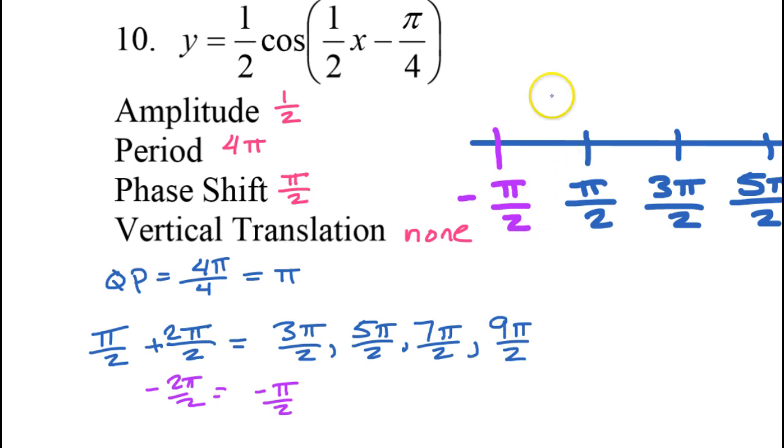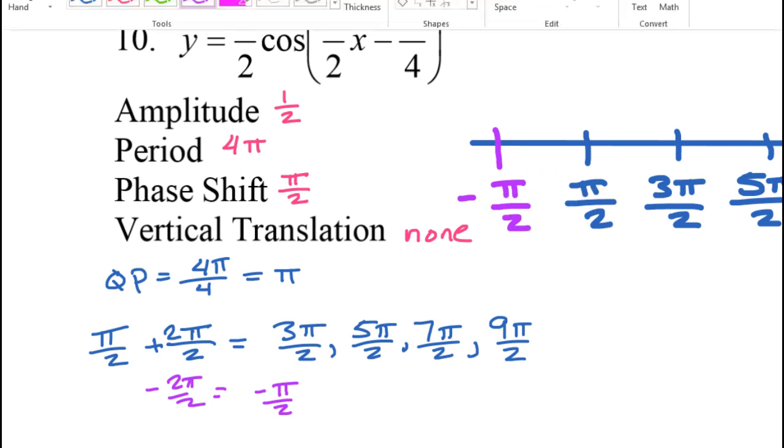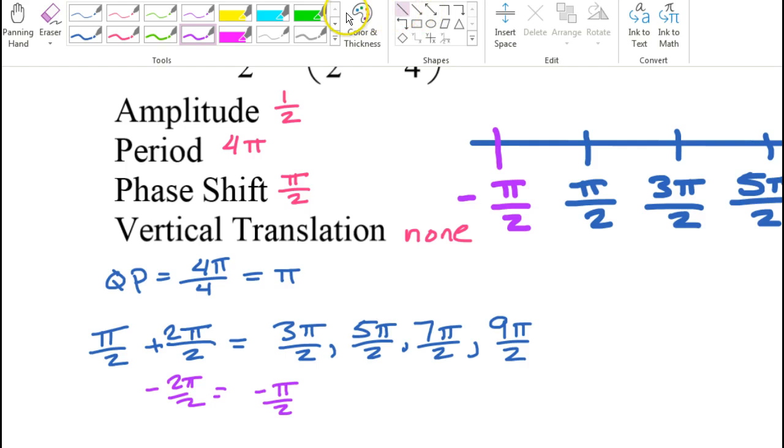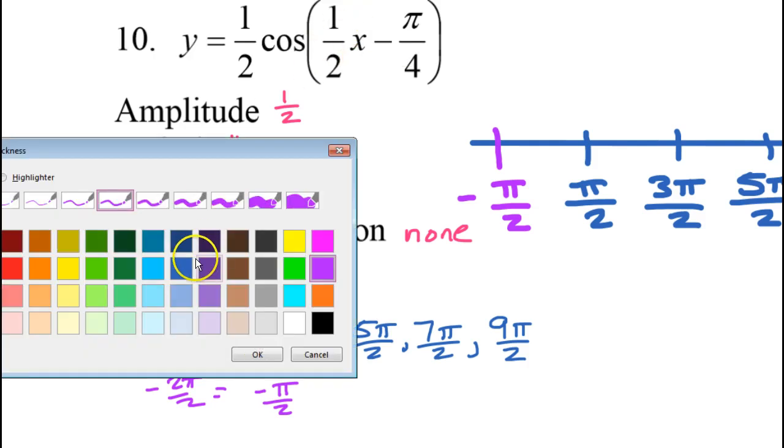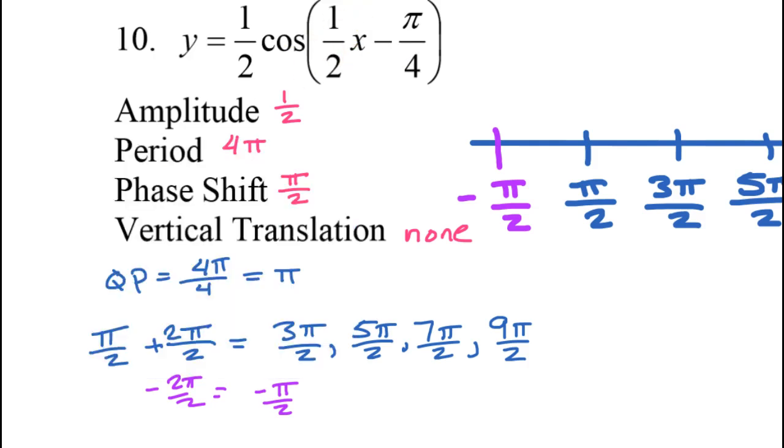Okay, so now we can see that the y-axis must be right here. It has to be between a positive and a negative because the y-axis is always at 0. Okay, so here is my y-axis.